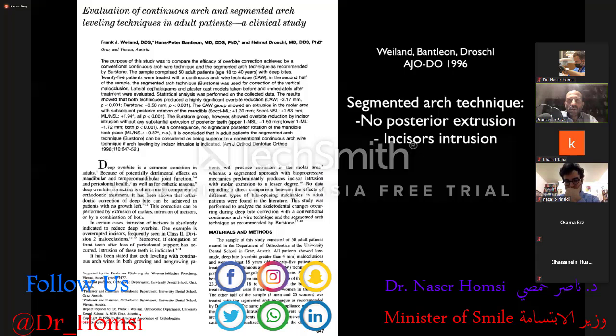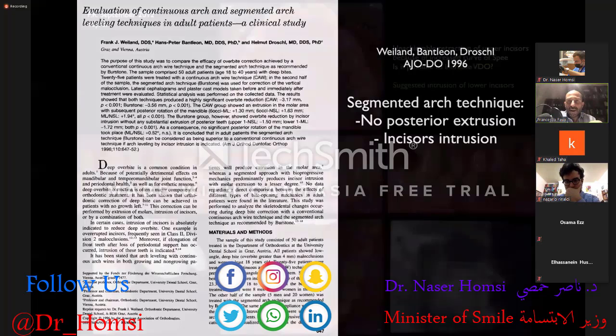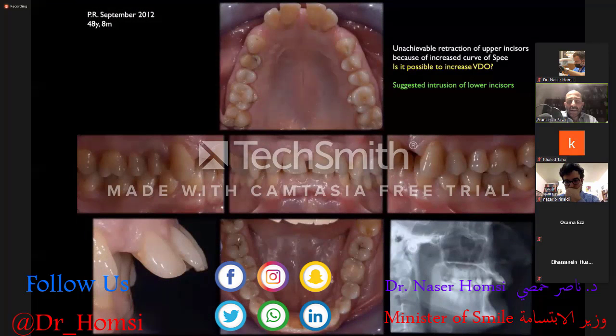This is the reason why we decided, in Paulo's case, to start by intruding the lower incisors.